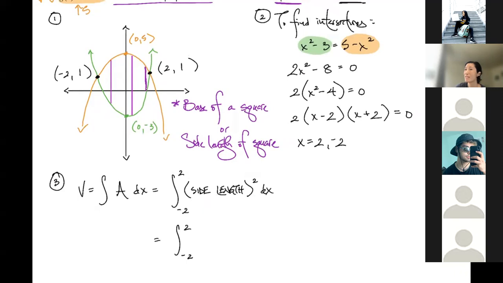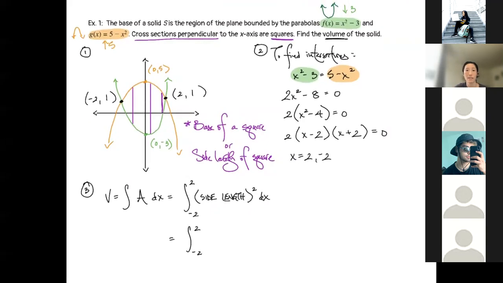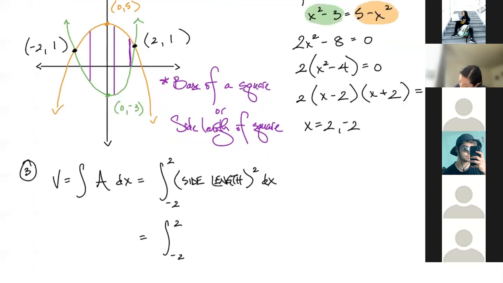Okay, so we're revisiting that theme from Monday, which is if we have two functions like this that are sectioning off a given area, we want to take the integral of the top function minus the bottom function. But when we plug that in over here, we're going to have 5 minus x squared minus x squared minus 3 dx.